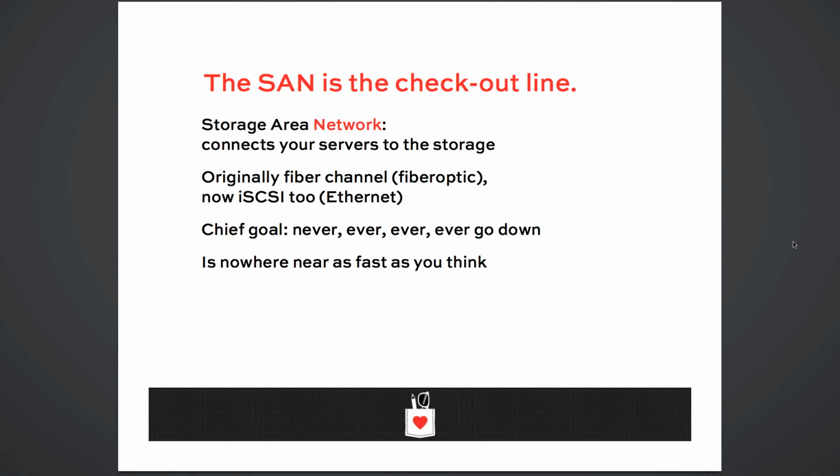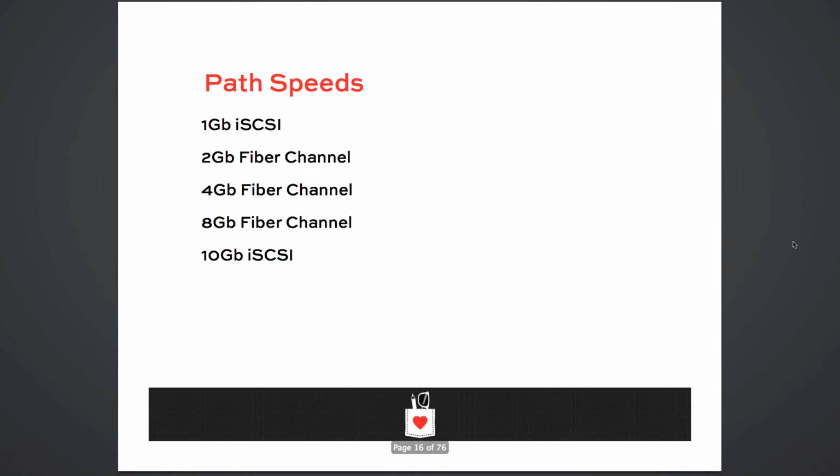SAN administrators are so paranoid that they make database administrators look like drunken gamblers. These guys never, ever take risks. And so as a result, they build these complex networks, but they're not as fast as you think. They're just really, really reliable. And they're not always that reliable, although they are more reliable usually than our SQL servers.